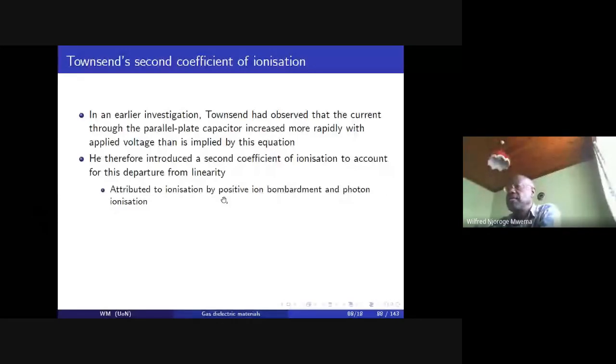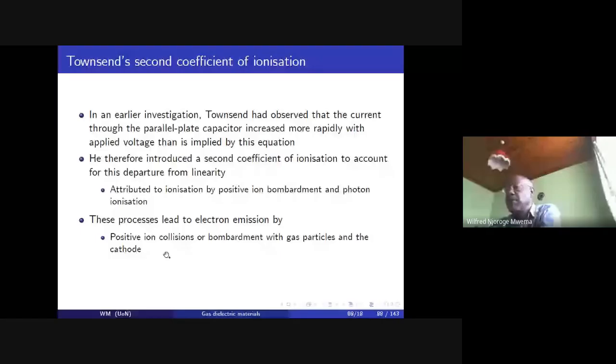These processes lead to electron emission by, one, positive ion collision or bombardment with gas molecules and the cathode, and two, photon absorption by the gas particles as well as the cathode.